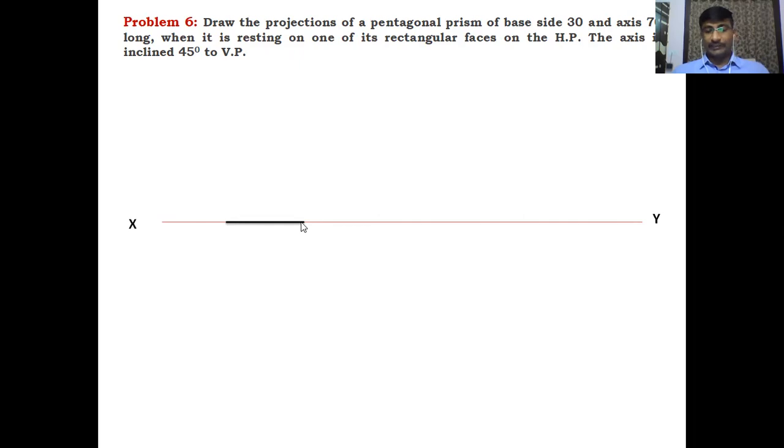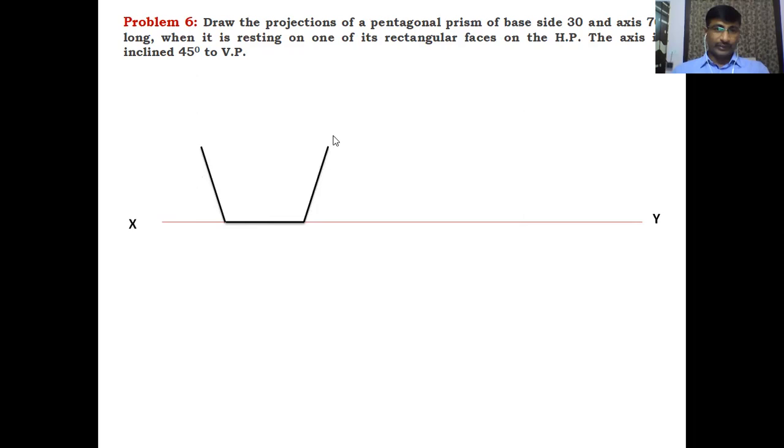After getting the base edge on the XY line, construct a pentagon. How to construct a pentagon? We learned in the first chapter. From this point, draw an inclined line at an angle of 108 degrees, and the length is equal to 30 itself. So all sides are equal to 30.